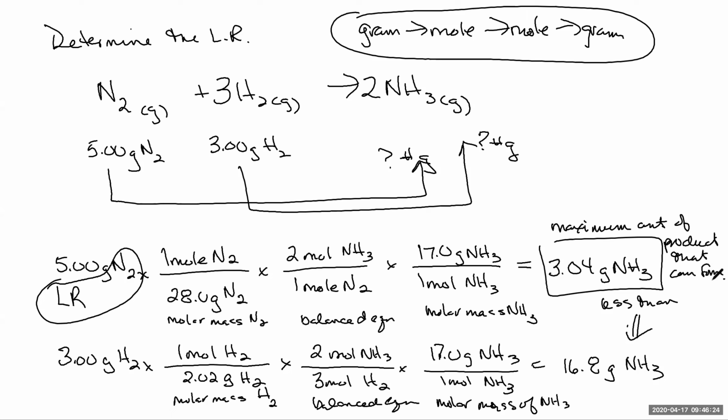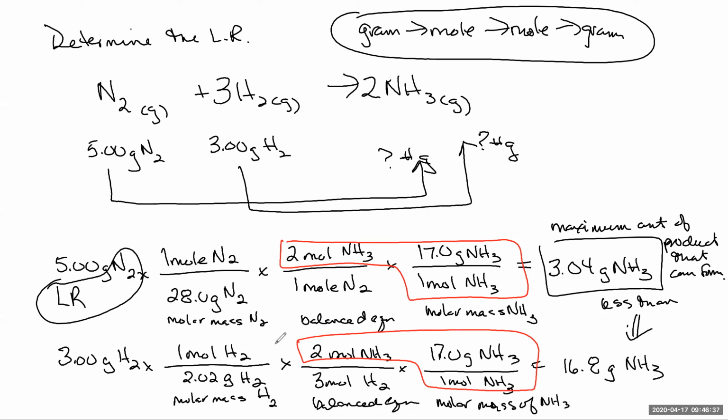Now you can cheat and not actually go through all of these steps to find your limiting reagent. The reason for that is if you look at the last step in both of these calculations, these pieces are the same. And so you can just go through the first 2 steps.